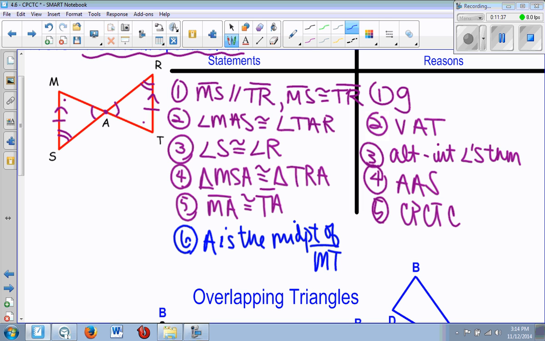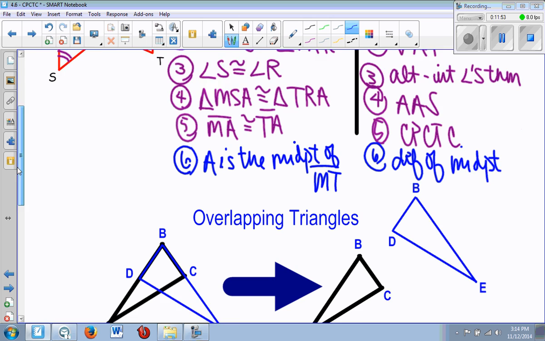Okay, so the reason why is the definition of a midpoint. If I know that A to M and A to T are the same, then that means that A has to be the midpoint. So there's the end of my proof.